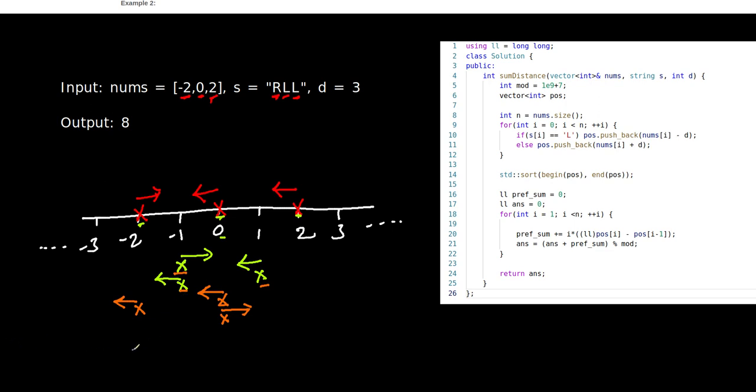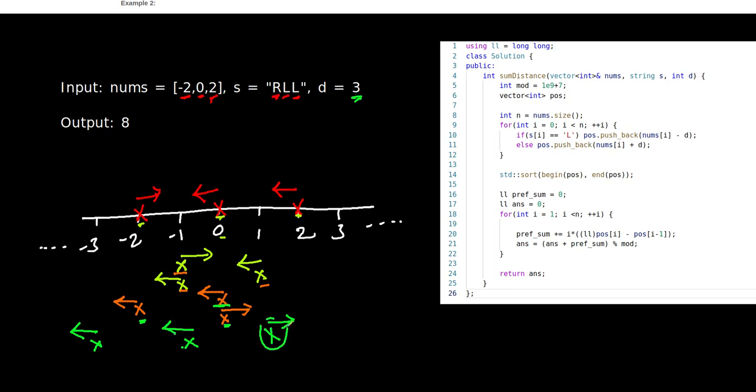Then at second 3, since t equals 3, this robot will be at -3, direction to the left, and this robot will be at 1, direction to the right, and this robot will be at -1, direction to the left.